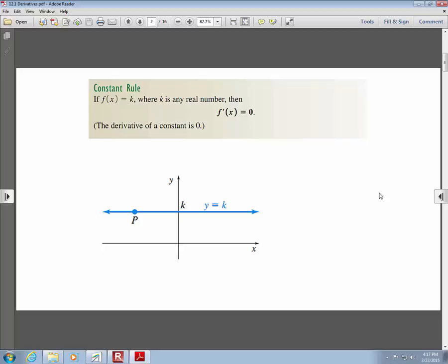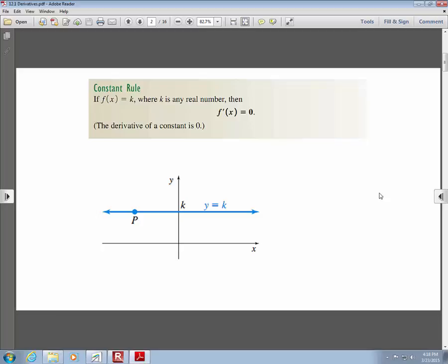When you're finding a derivative, you're finding the slope of every point of the line.